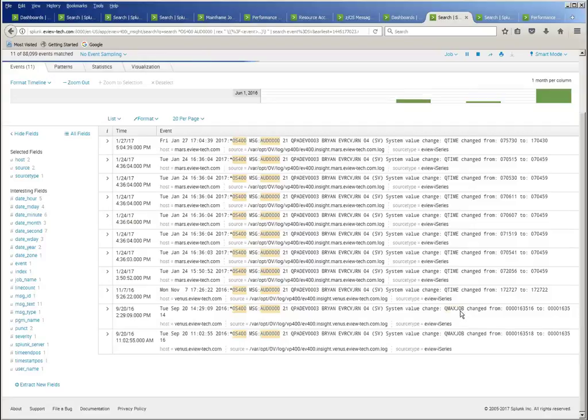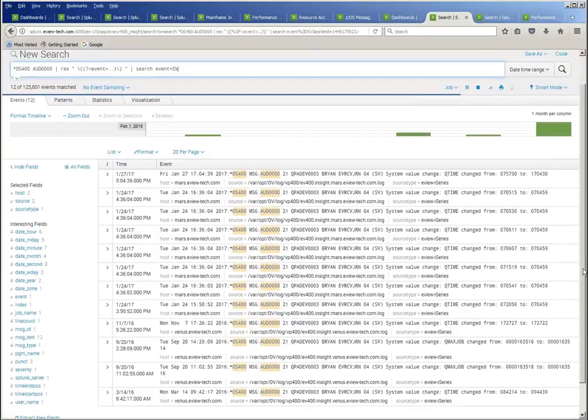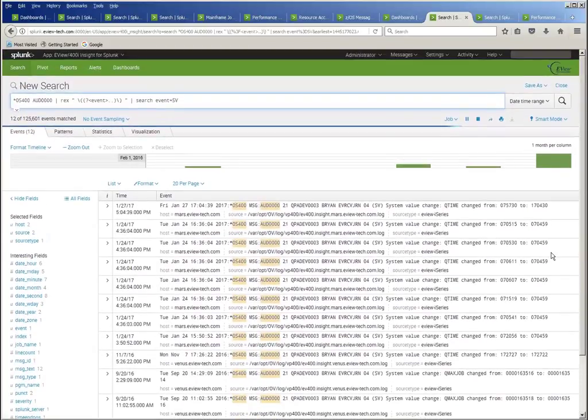For example, here we can see that somebody's changed the maximum job limit on the system. So this is information related to security or administration that might be important for somebody to be aware of when changes like that are made on the system.